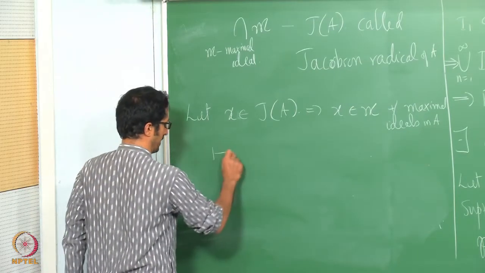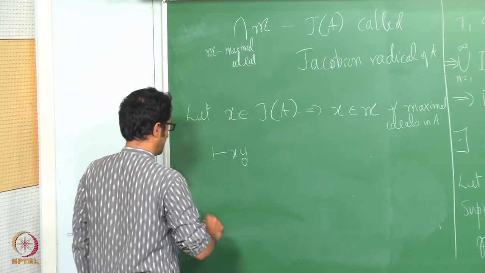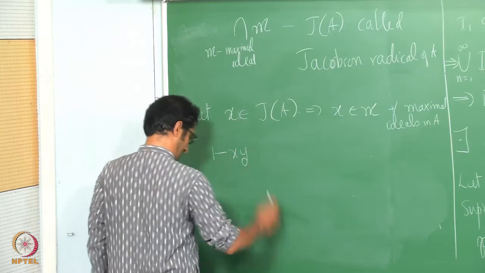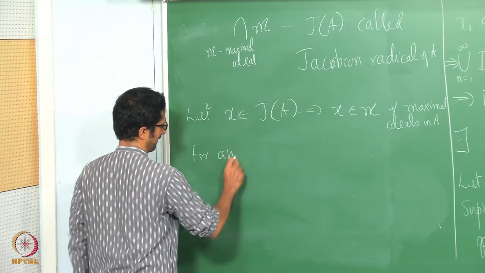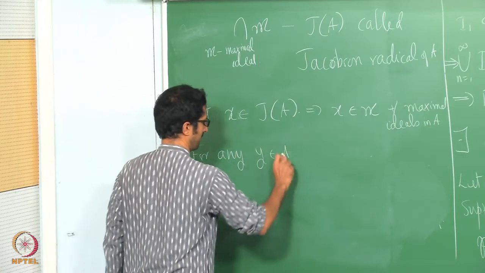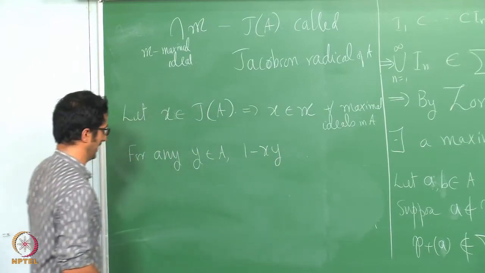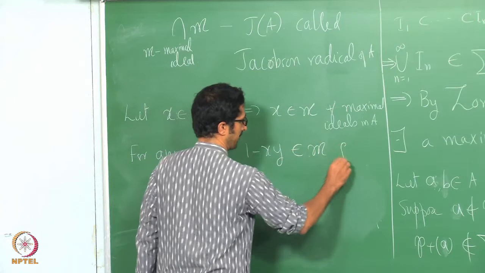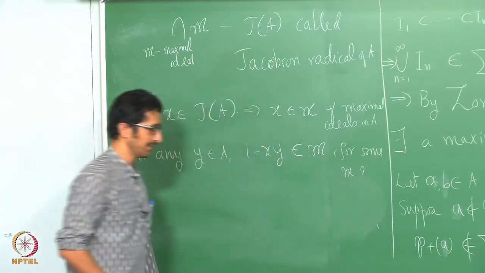So, let us look at 1 minus xy. For any y in A, can the element 1 minus xy belong to some maximal ideal M?